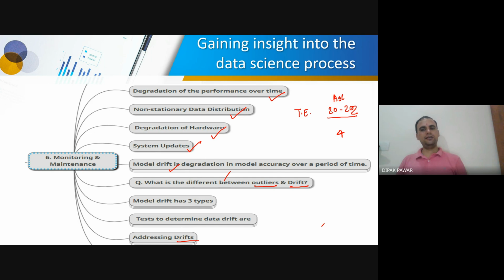If you take the mean of 20 to 22, I will consider the mean as 21. So the average age of the students is 21. But there is one candidate who has an age of 4, by mistake, suppose instead of putting them in junior KG, I put them in the third year. So this is what we consider an outlier.